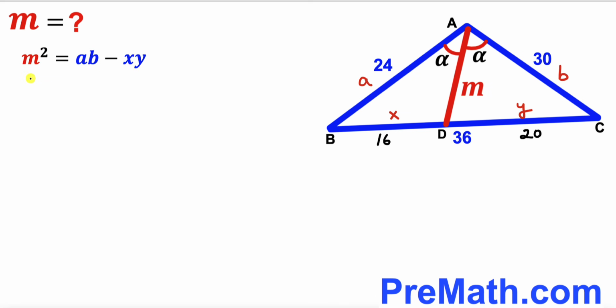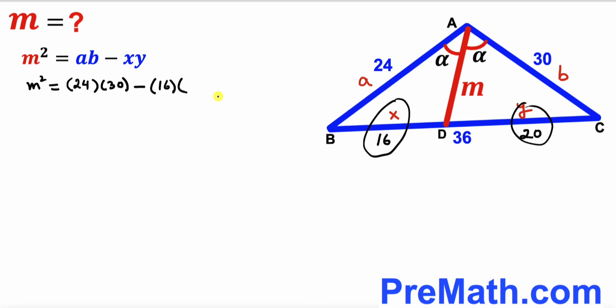Let's go ahead and fill in the blanks. So m square is going to be equal to our a value 24 and b value 30. So let me write down 24 times 30 minus our x value 16 times y value 20.